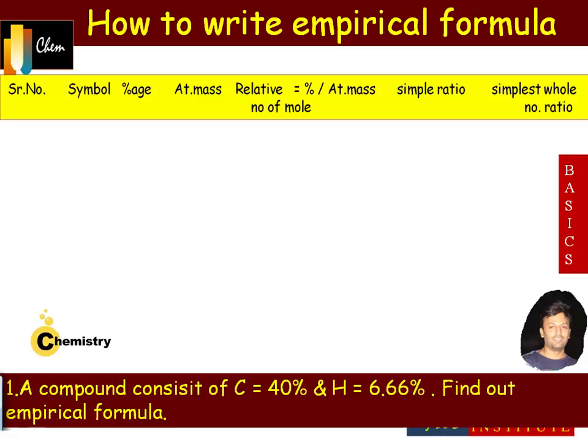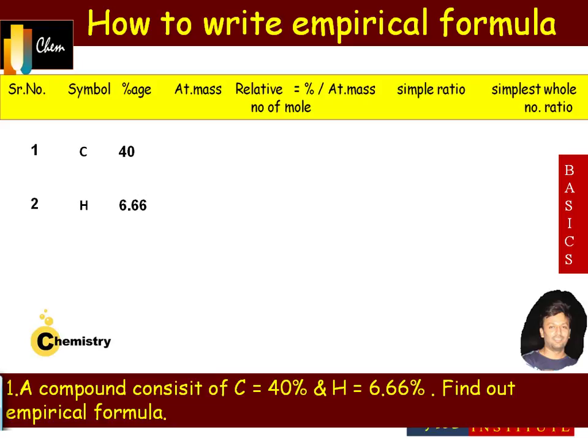So now, put the given values in this table format. We are given carbon 40% and hydrogen 6.66%. So serial numbers 1 and 2, elements carbon, hydrogen, and their percentages.